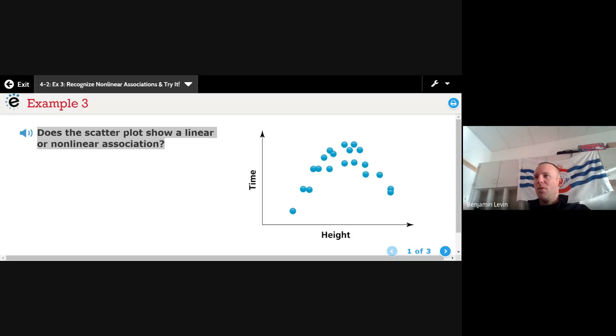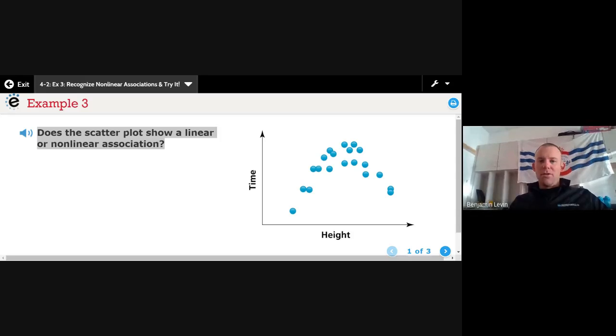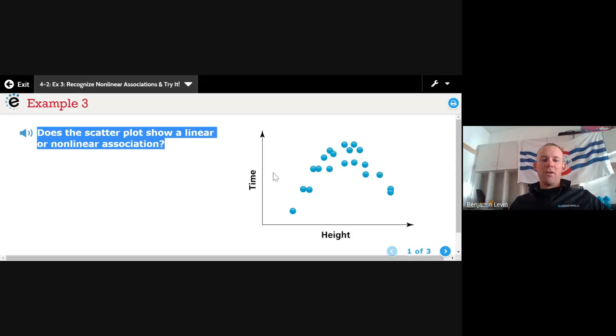All 3 of you that answered are correct. This is a non-linear association, right? Linear means it's a straight line. A straight line, no curves, no zigzags, nothing. This is non-linear. It appears to be a curved line.